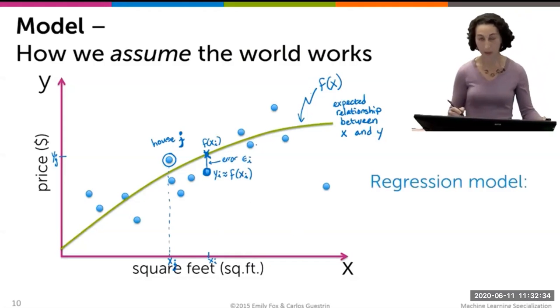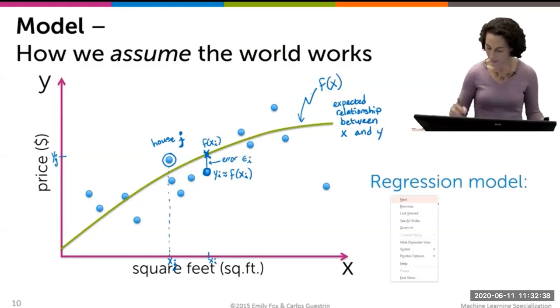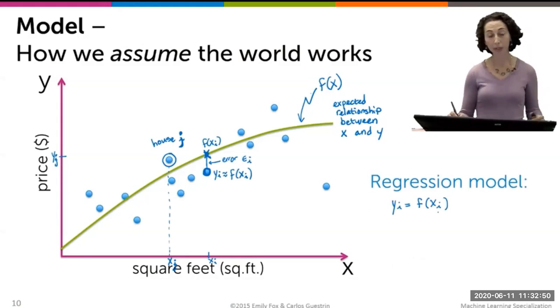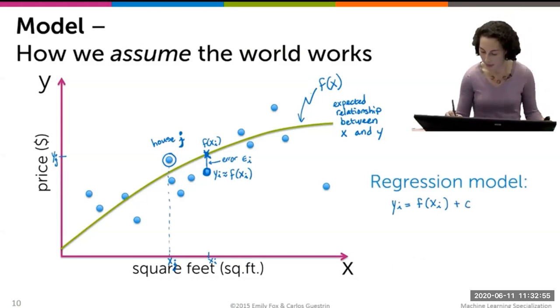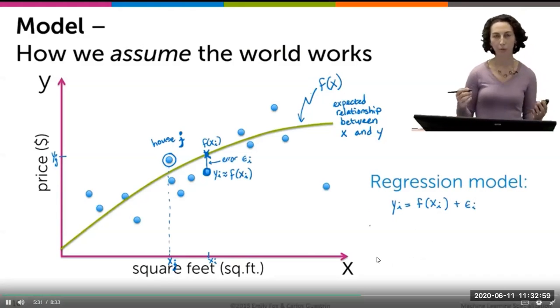So what our regression model is saying is that we're assuming that our observation yi is equal to f of xi, our expected relationship between x and y, plus some error. And in particular, we're treating this error as random.